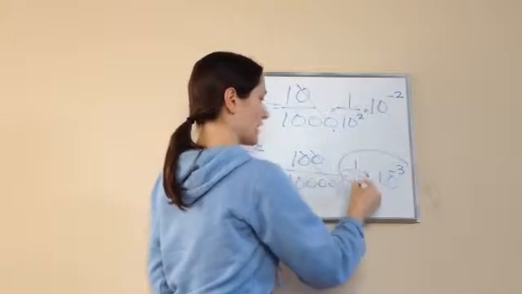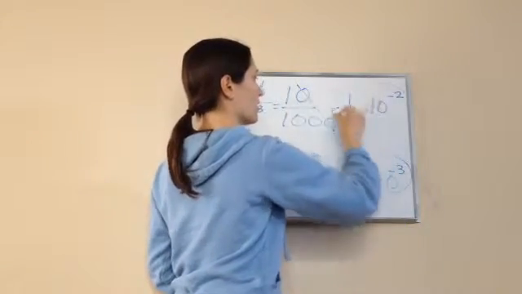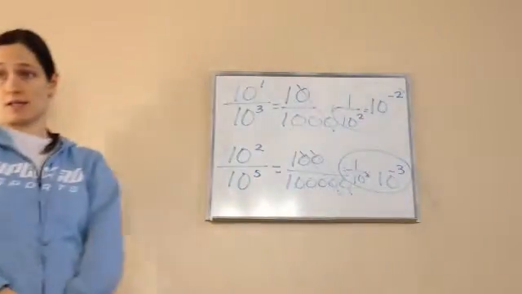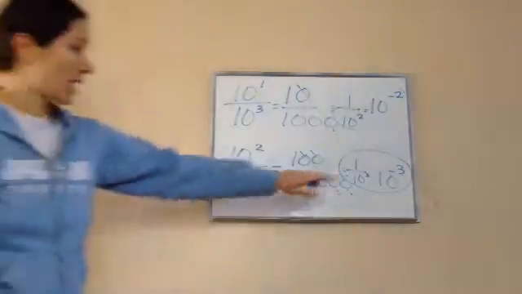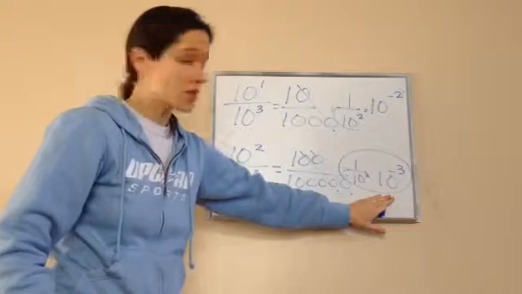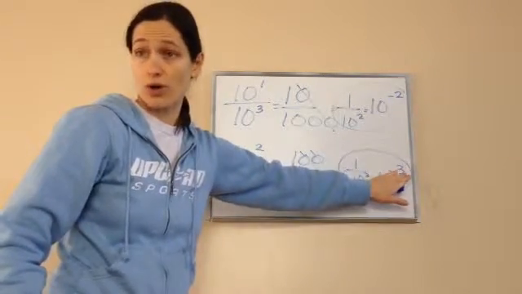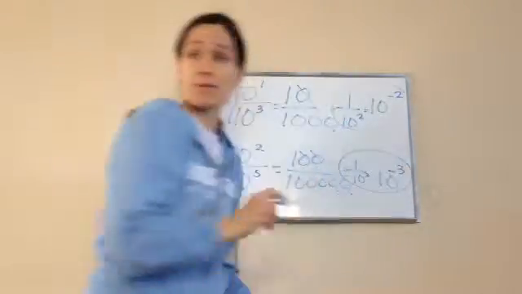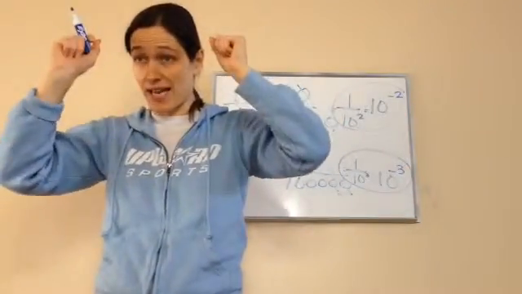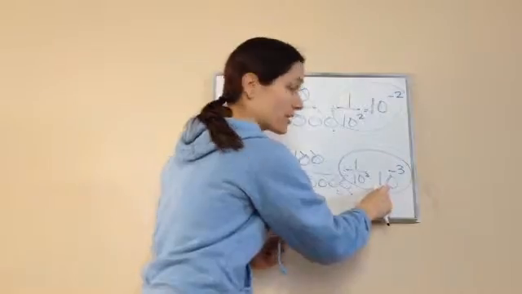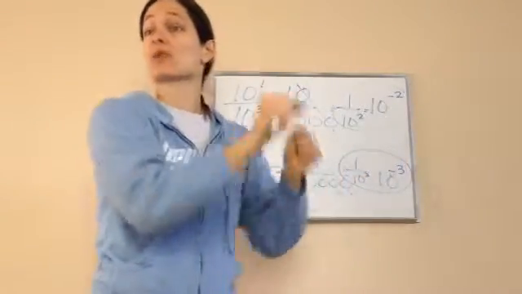So I want you to see a correlation between how we write this. Every time you see 10 to the -3rd power, anytime you have a negative exponent, I want you to think in your head, I need to flip this 10 as a reciprocal.